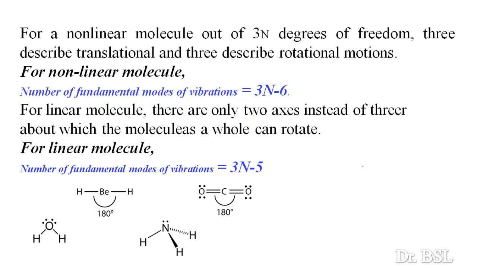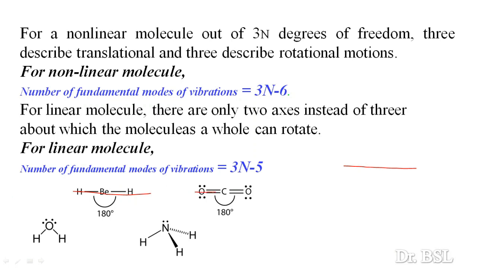For instance, if we consider any molecule, it can be linear or non-linear. A linear molecule possesses the shape of a line. For instance, this is the example BeH2. It is a linear molecule. Its shape is like a line.